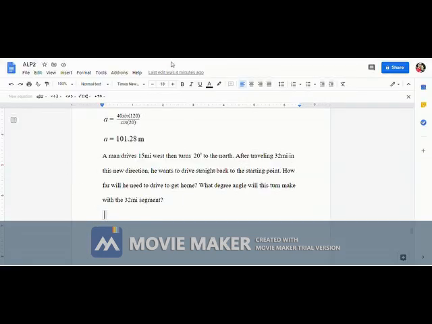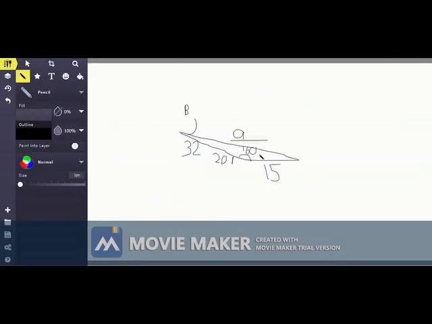So we'll set A squared equal to 15 squared, which is 225, plus 32 squared, or 1024, minus 2 times 15 times 32 times cosine of the included angle, which is, as we see over here, 160 degrees.